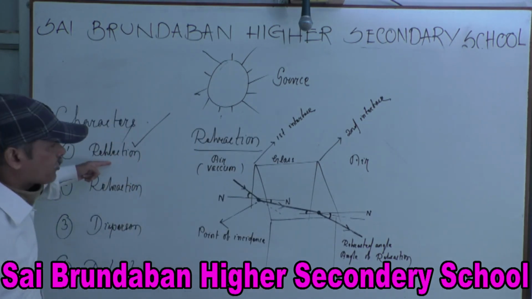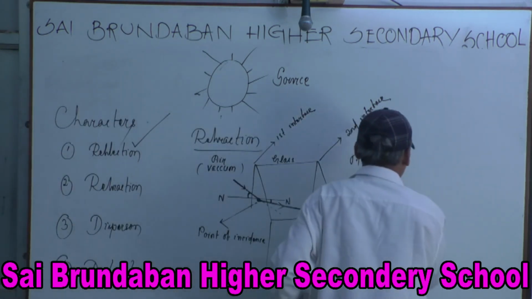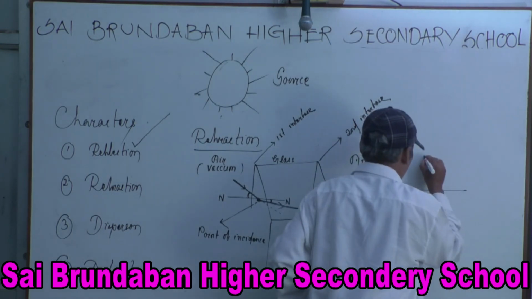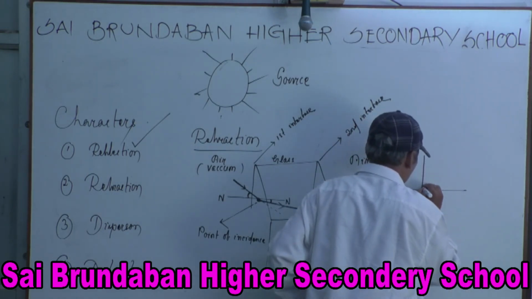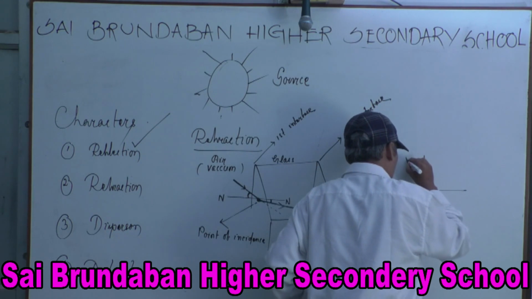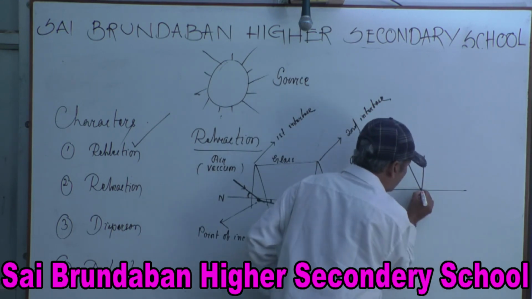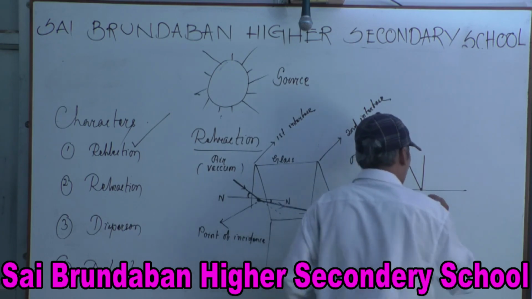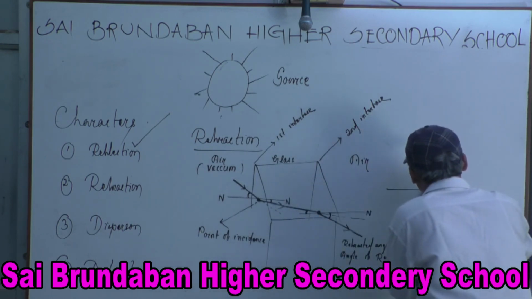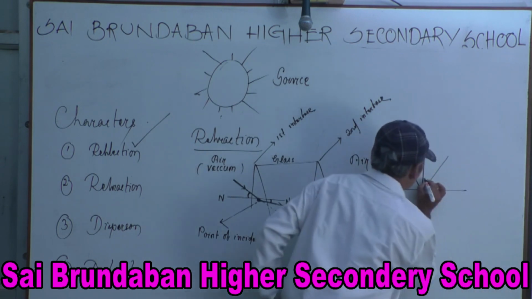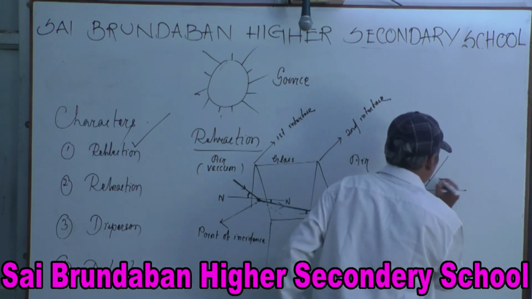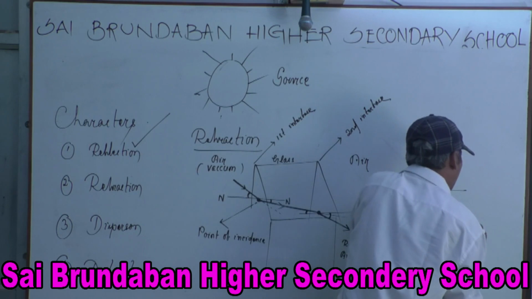So when we studied reflection, you just remember, here is a normal. The incident ray hits the surface here. This is the point of incidence. This is the angle of reflection.